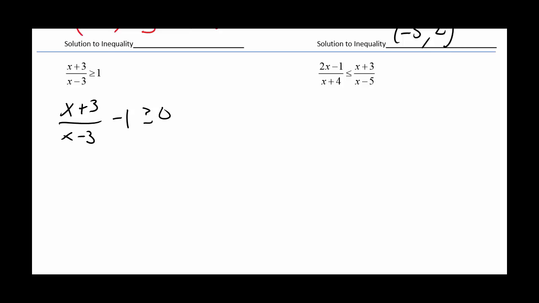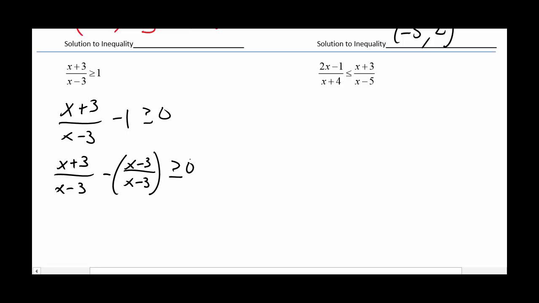Our next task is to find a common denominator, so I'm going to rewrite that 1 as (x minus 3) over (x minus 3). Notice I just used the exact same denominator that was already there from the first fraction.